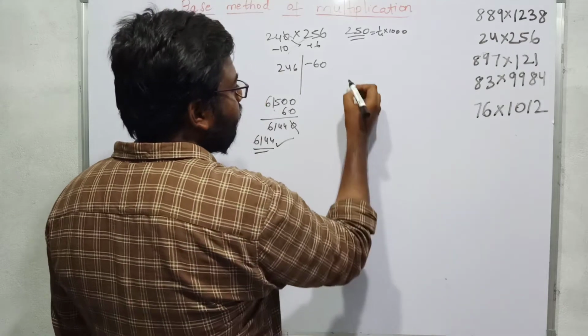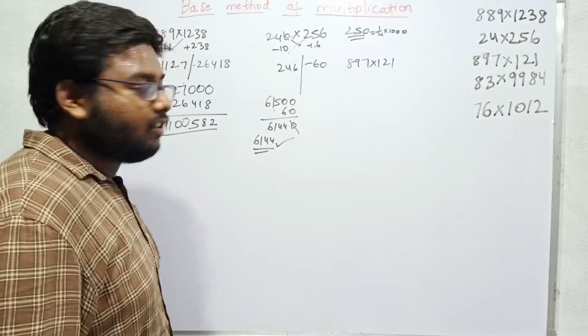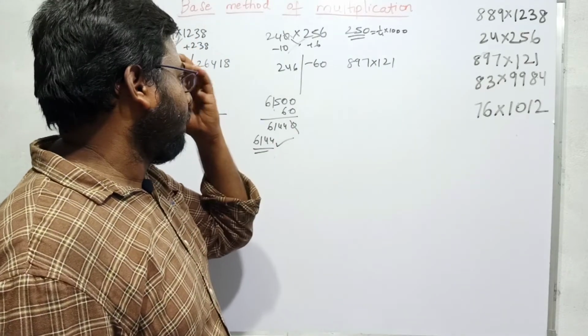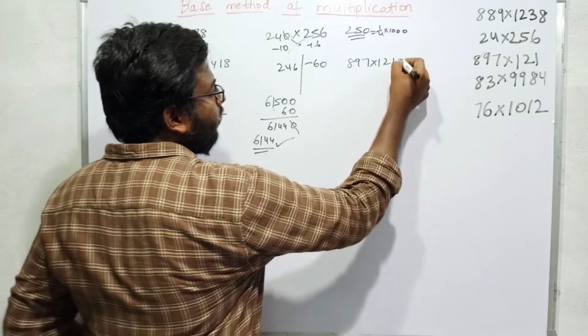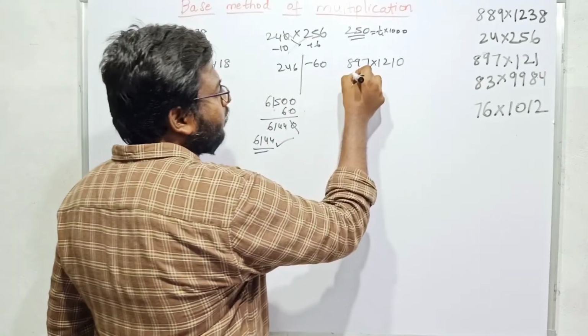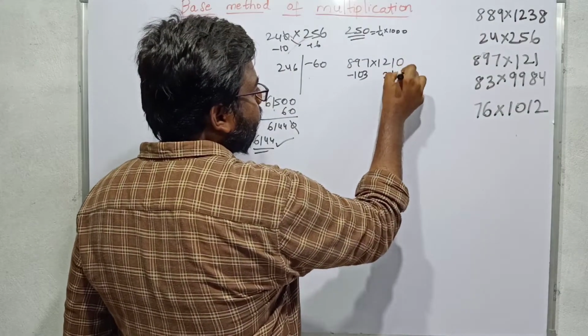So 897 into 21, 121. If you observe this clearly, these two numbers are not nearer to it. So if I put 0 here, then both numbers will be nearer to 1000. Here this is 103 gap from 1000. Here this is 210 gap from 1000.